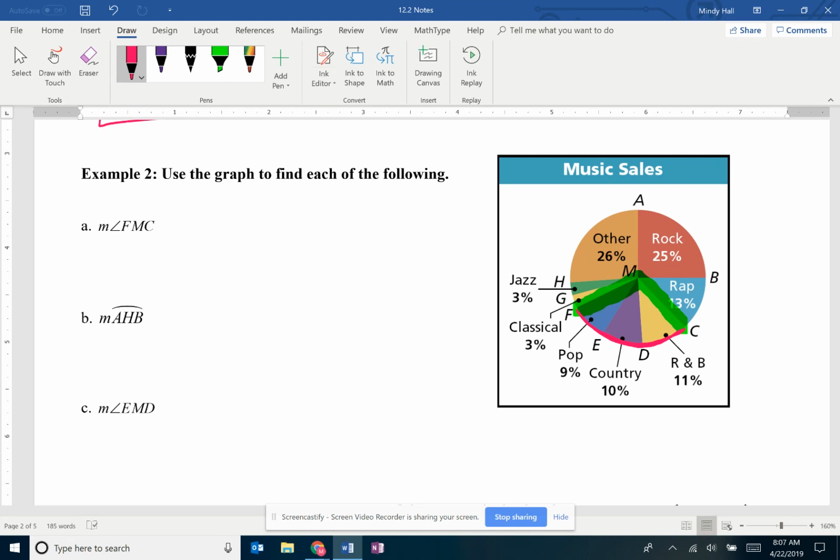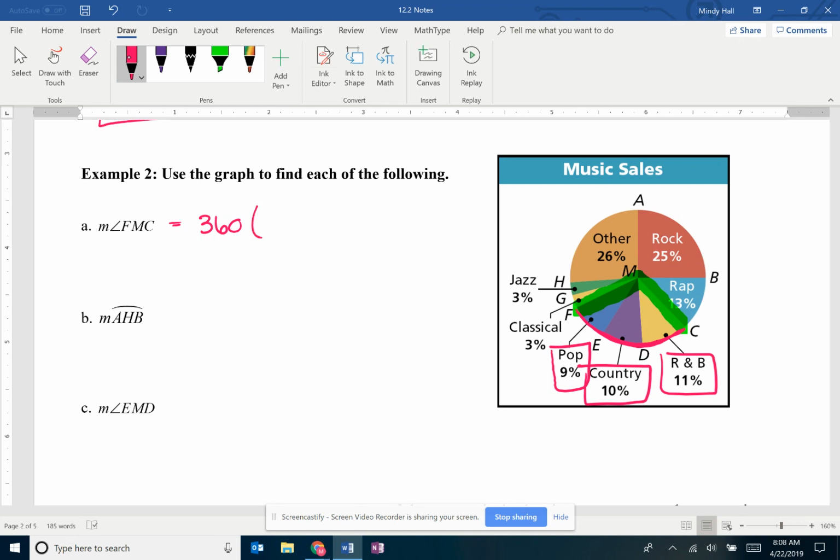So if you notice with these three sections, I have pop, country, and R&B. So because I have three sections, I still need to multiply my full 360 degrees times the percentage I need, but because I have three sections, I'm going to have to add all of them. So some of you may prefer to actually add them and then put it in.